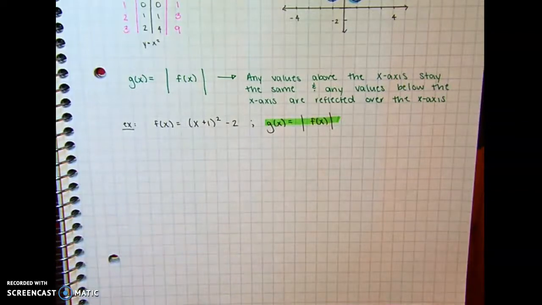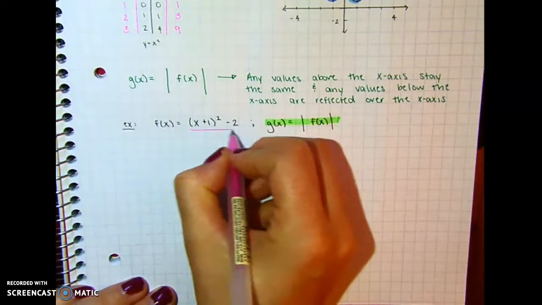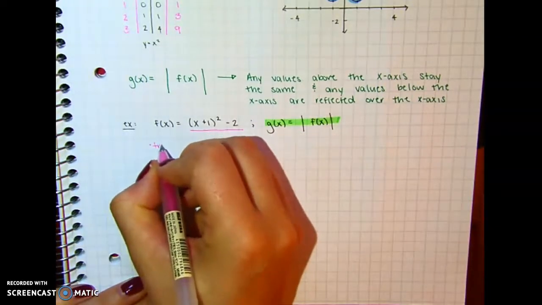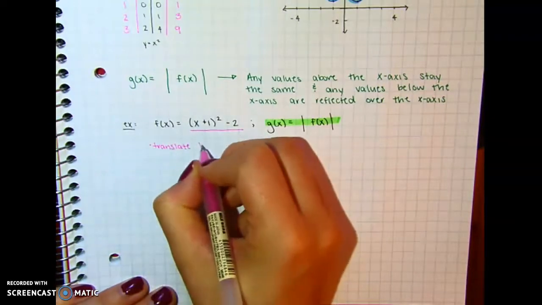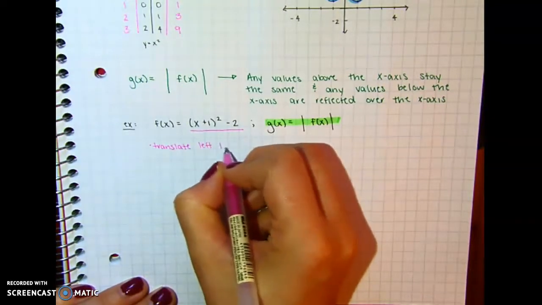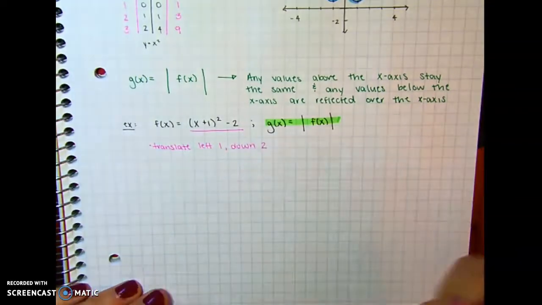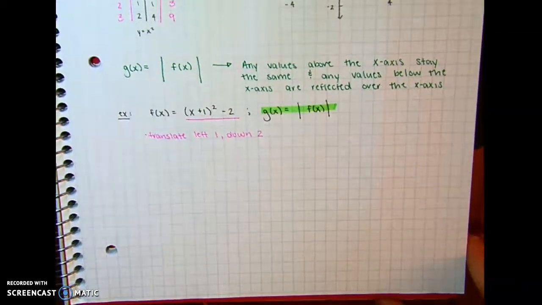So again, I would start by graphing this, and this is being translated left 1, down 2. And then do some dilations, so I feel like this one's a little bit easier. I'm not going to make a table.